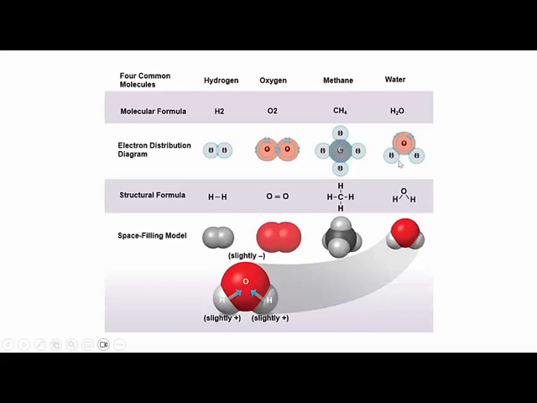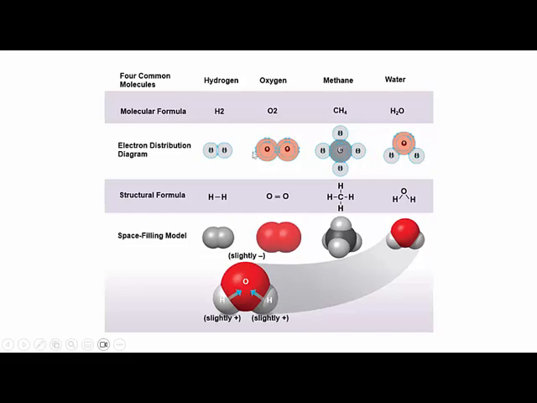So here is a look at water, oxygen sharing its electrons with hydrogen's electrons. Everybody's outermost shell is filled, and the bond between them is polar, the bond between these atoms.